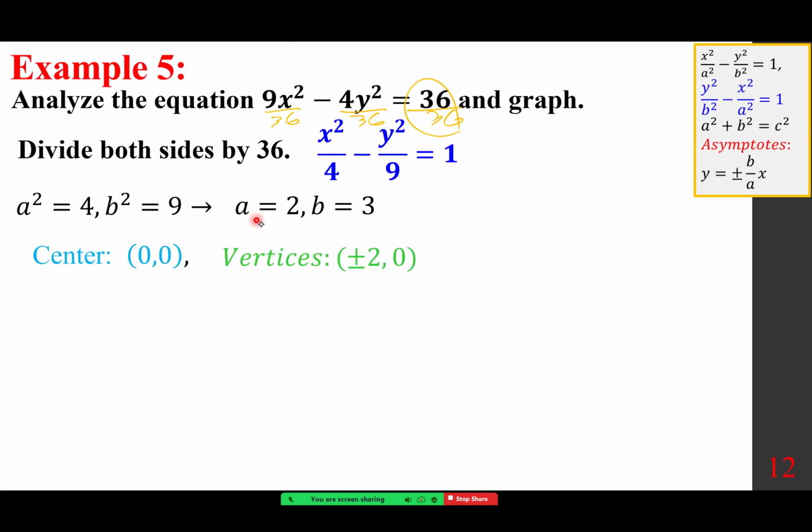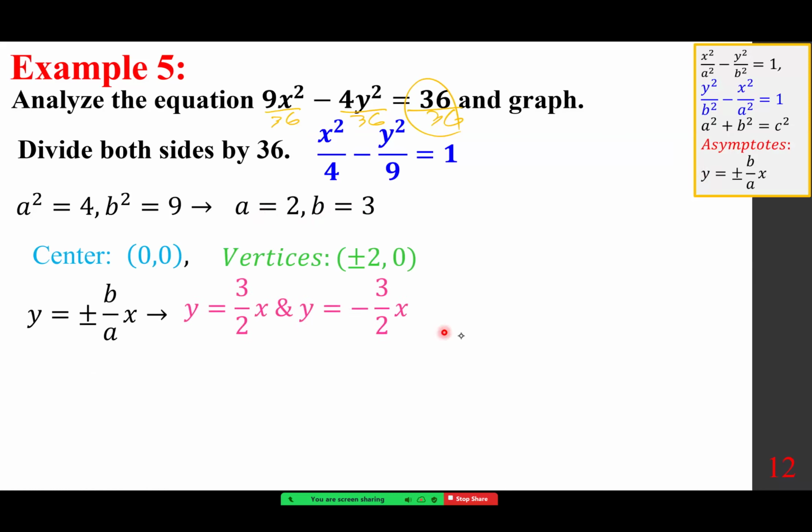The equations of the asymptotes are plus minus b over a x, plus minus 3 halves x.